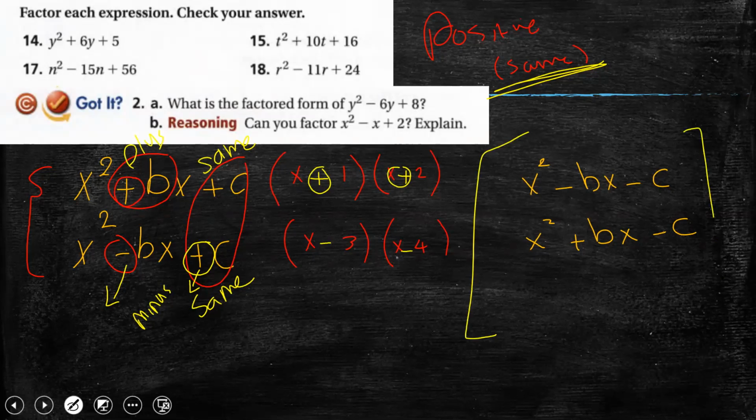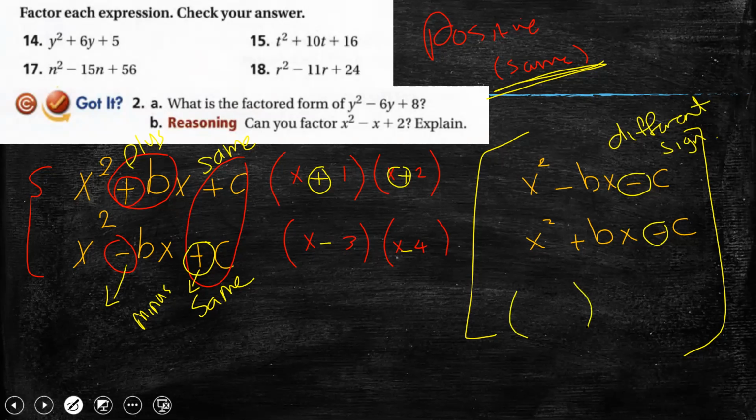This is now the second 2 cases. We will talk about them today. Today now, look at C. It's negative. If you have a negative C, that means we have a different sign. What does it mean? It means we must have one positive and one negative.